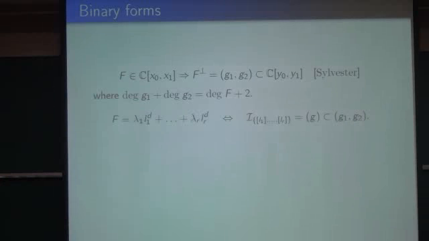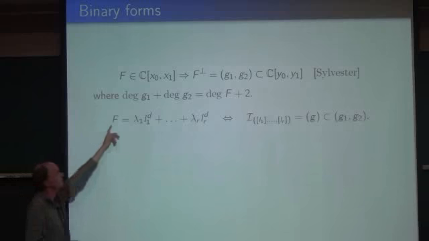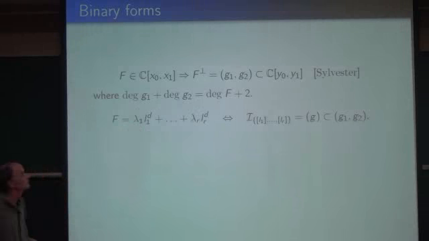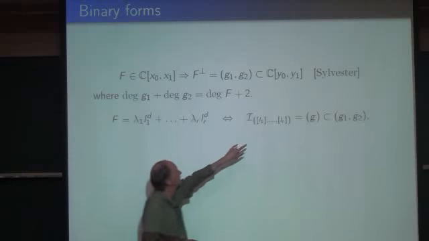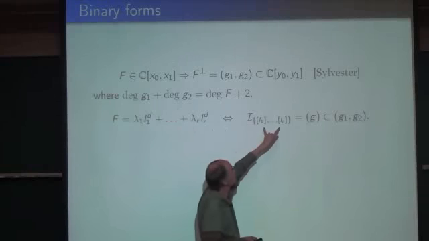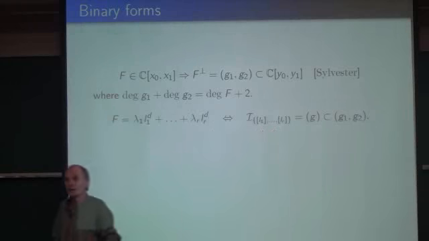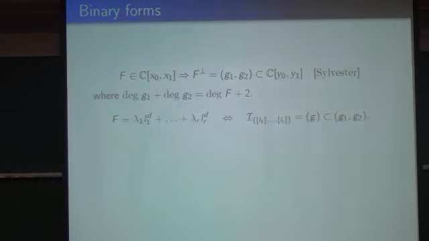Now, the lemma said that f can be written as such a decomposition if and only if the ideal of those points, well, if you have a number of points, we're in two variables here, so we are on P1, on a line. We have points on the line.